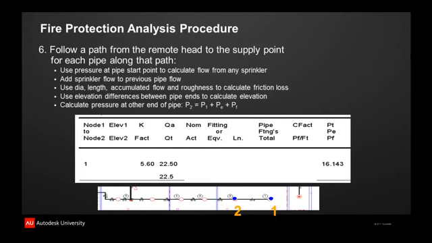For the very first point, this is exactly step 5, which we've already done. So we've already filled in the K factor, the flow added for the sprinkler, and the pressure at that first head. We're working on the pipe from 1 to 2. That's that very first pipe in the whole sequence. And as a result, we'll make note of that in our form also.